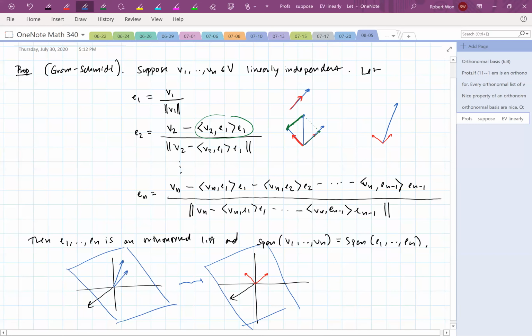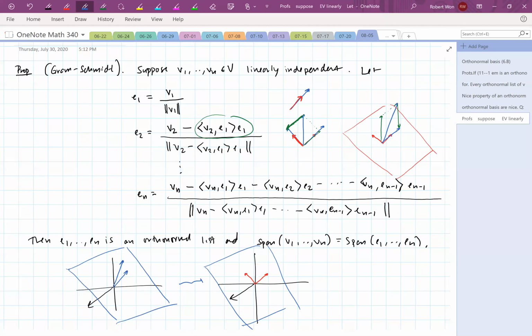Imagine this is pointing out of the screen, but not directly out of the screen. Currently these 2 red vectors determine a plane like this, and the blue vector is pointing out, but not necessarily perpendicularly. Essentially what you do is project this vector onto this plane, and then you subtract it off. That vector now will be coming out at a right angle, and then you scale.